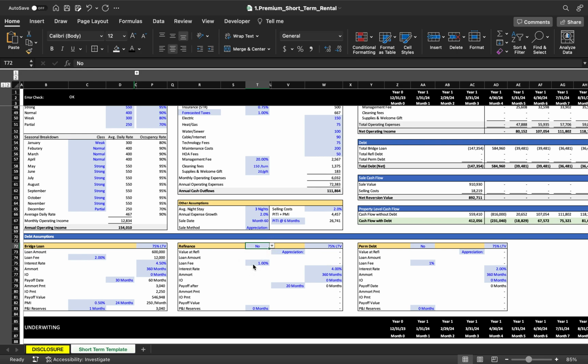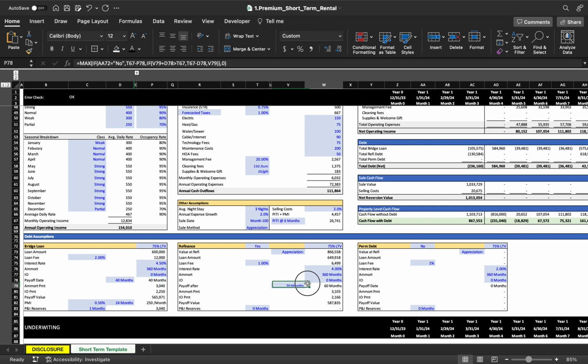So if we toggle this to no, you'll see that even though you have the refi in month 30, because we're saying there is no refinance, we're just saying that you're paying off that acquisition loan at month 60 because that's when you're selling the asset. So if you make this month 100, you'll see this changes to month 100 even though this is at 30. But now if you toggle the refinance to yes, right, now you're refinancing in month 30. If you make this month 40, you're now refinancing in month 40.